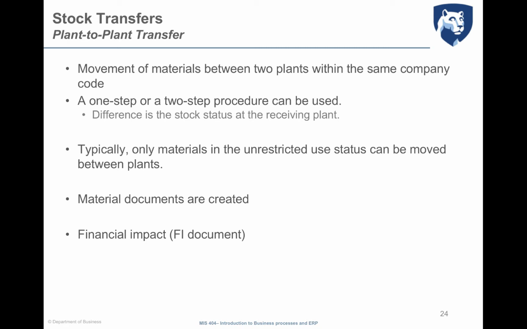So materials are valued according to the cost of production. Cost of production can be different from plant to plant. So when we post a plant-to-plant transfer, this can imply a change in the value of materials in stock. So there is a financial impact. It is different from what we previously discussed. There is a financial impact.